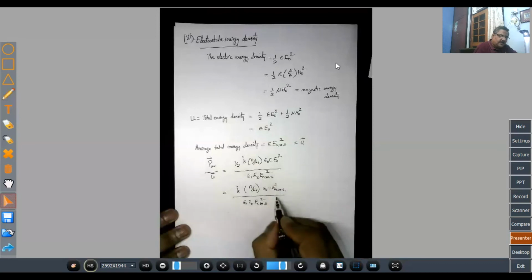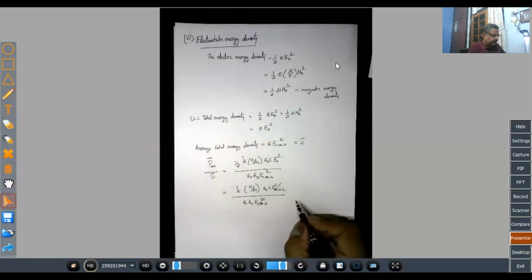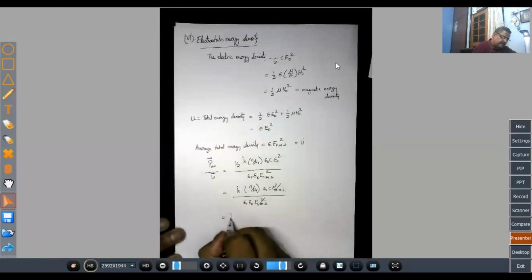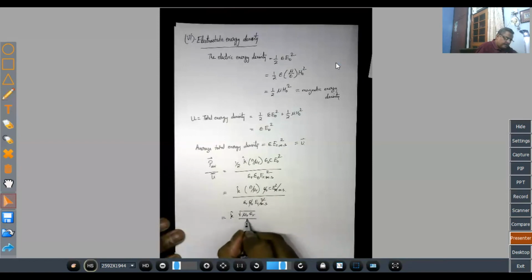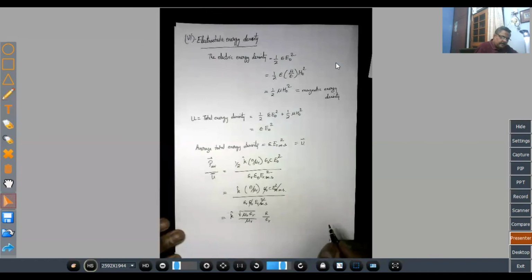Since half E0 square will be equal to E RMS square, now this will reduce to k under root, we multiplied and divided. This is same.